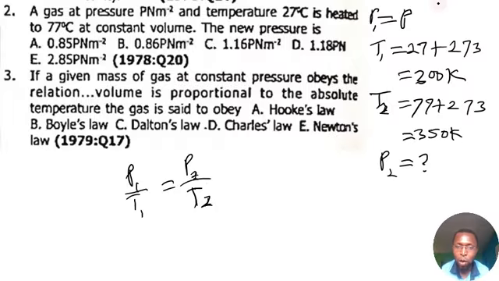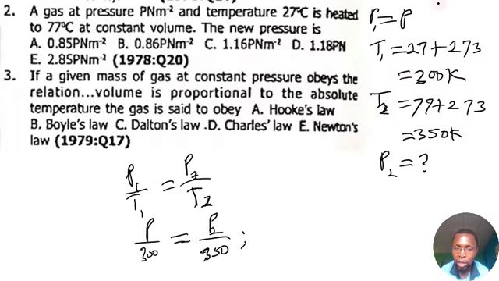Now substituting the values, our P1 is P, so we have P over our T1, which is 300, equal to our P2, which is the unknown, what we have to find, over our T2, which is 350.